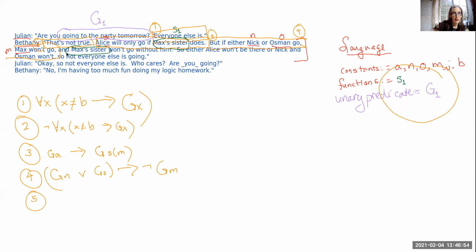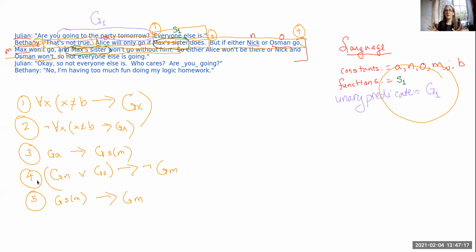Fifth sentence is Max's sister won't go without him. So this is also indicating a necessary condition that if the sister of Max goes, then Max did too. So similar sort of condition that we have with number 3.